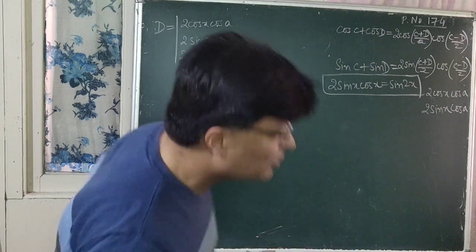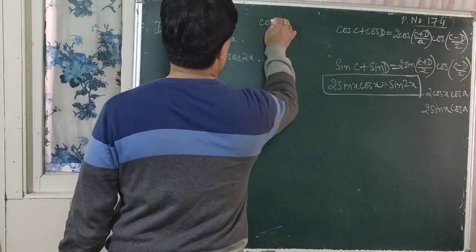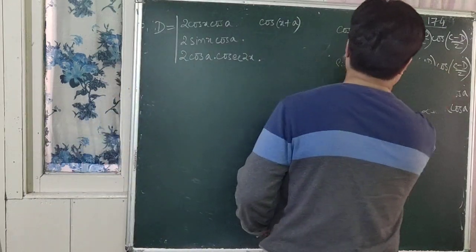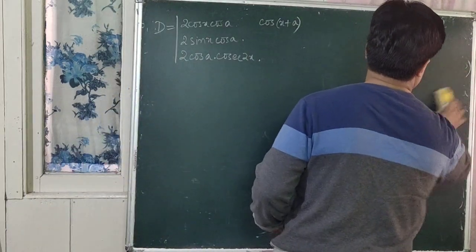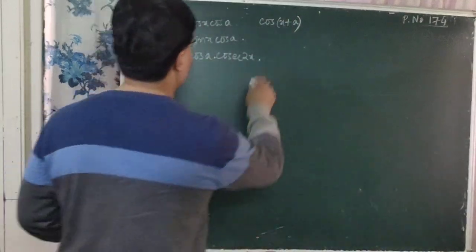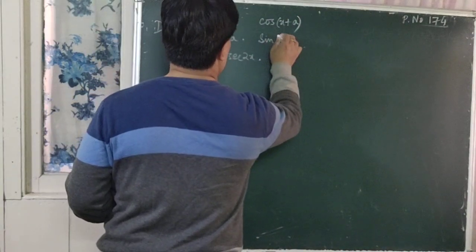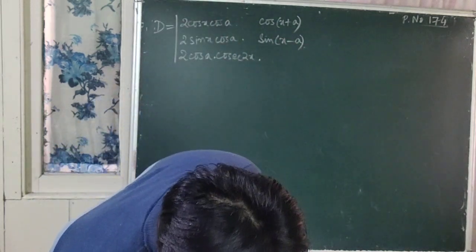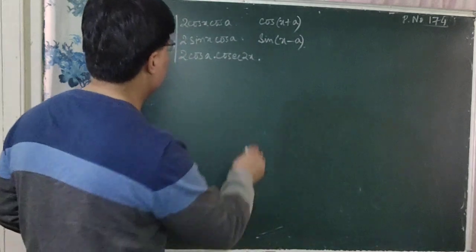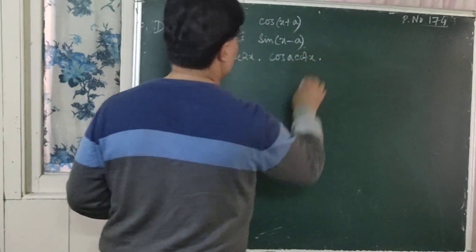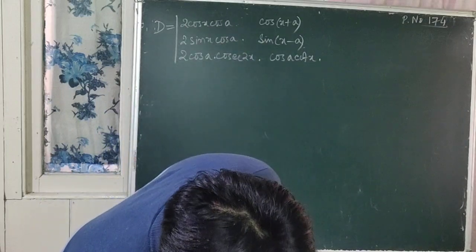What was the second column? Cos of x plus a, right? Cos of x plus a, then comes sin of x minus a, then comes cos a cot x.